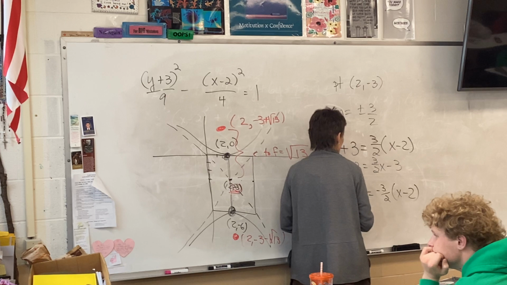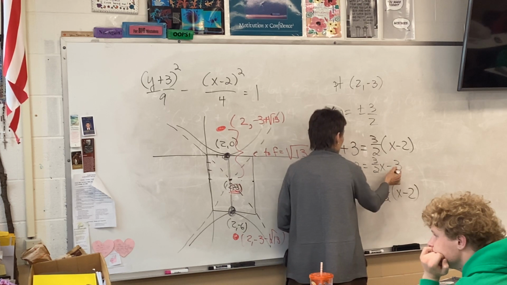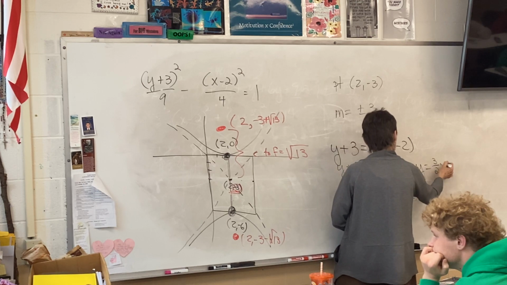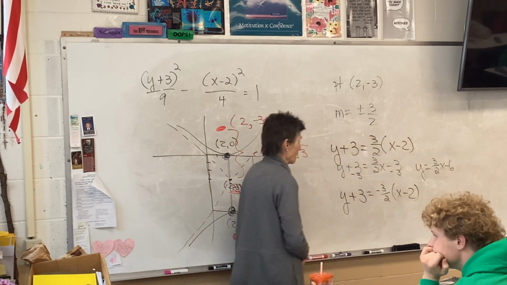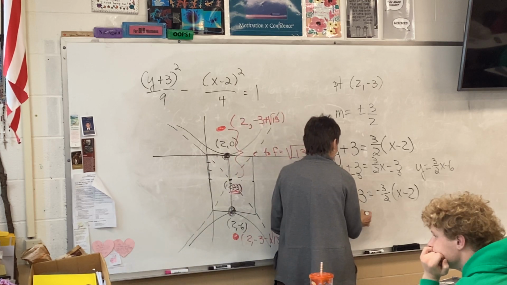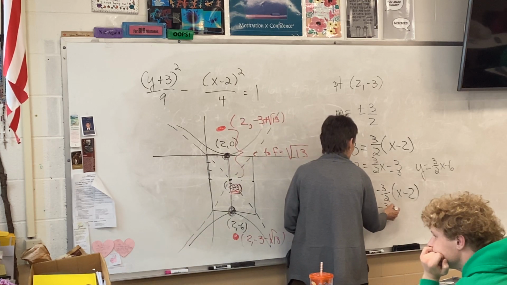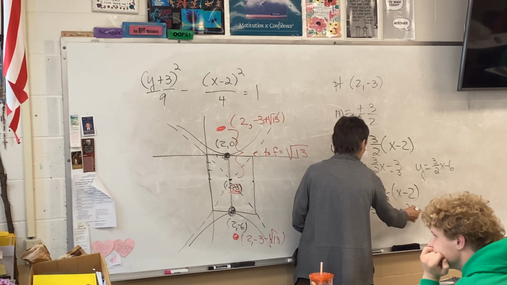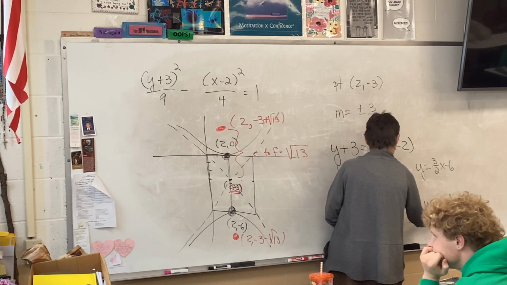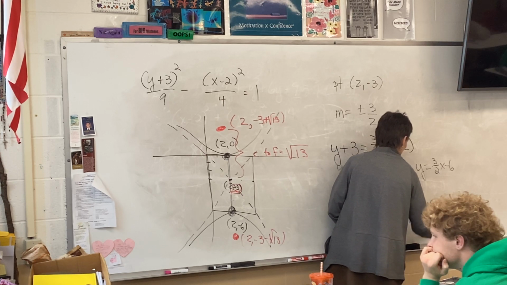That worked out nicely. And subtract. So that one is 3 halves x minus 6. Y equals... I'll distribute. And that one's just going to be y equals negative 3 halves x.